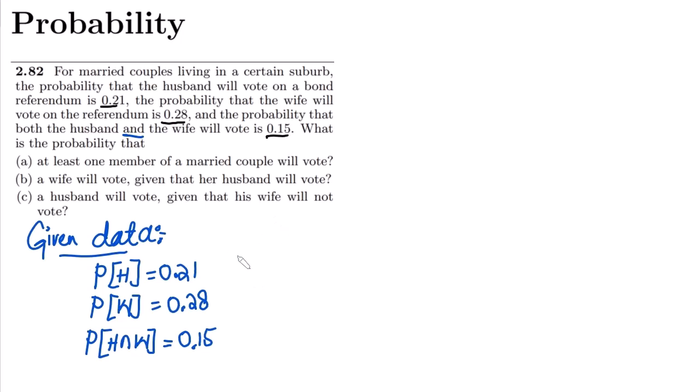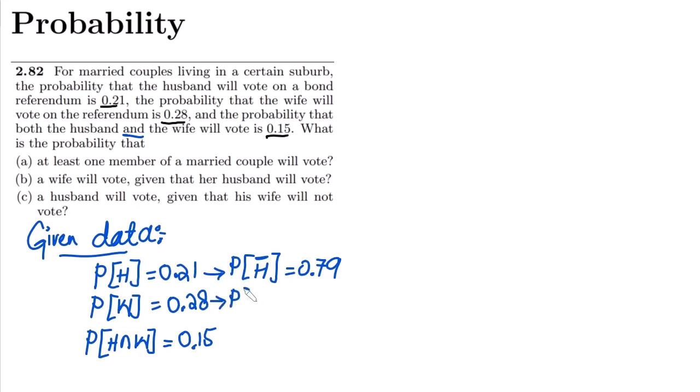On the basis of these statements, the probability that the husband will not vote, represented by H complement, would be 1 minus the probability that he will vote, which is 1 minus 0.21, that is 0.79.